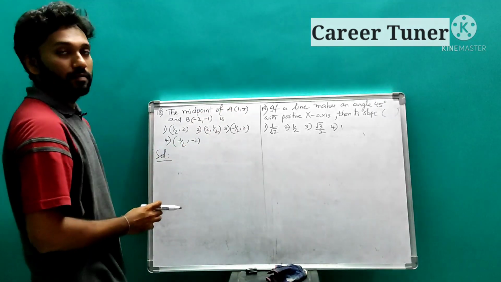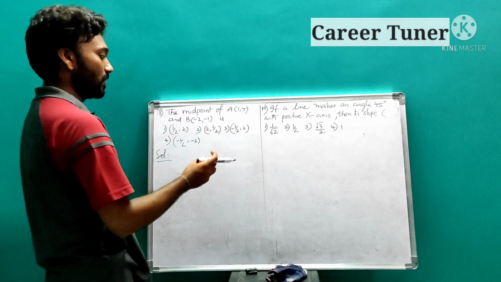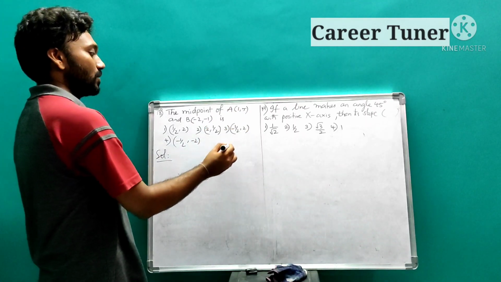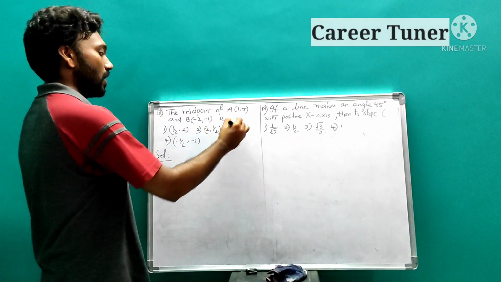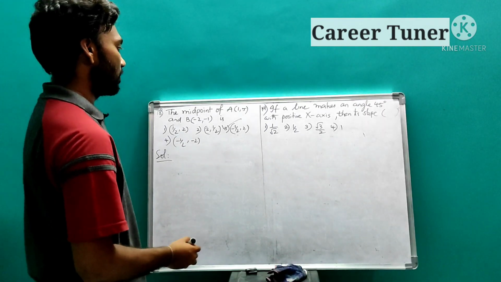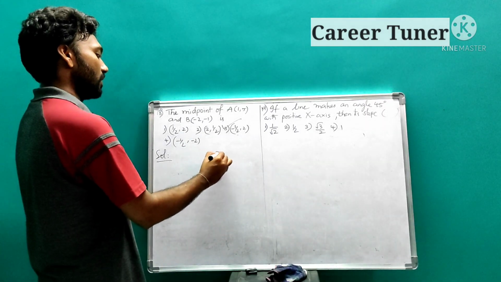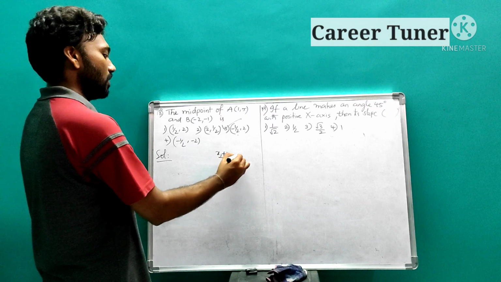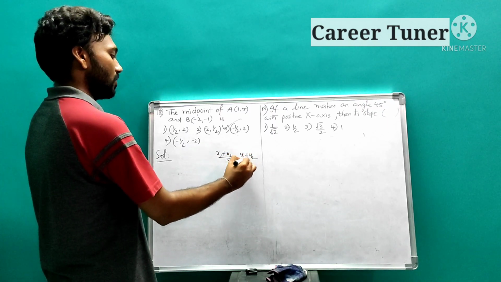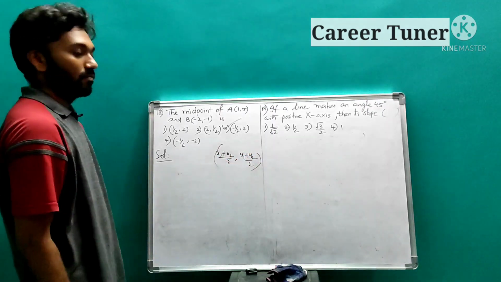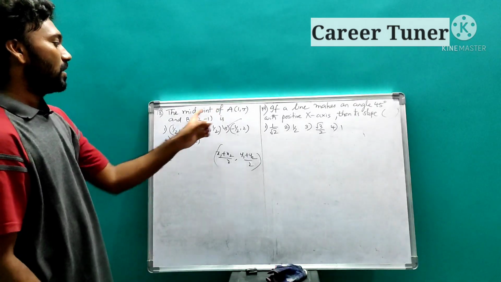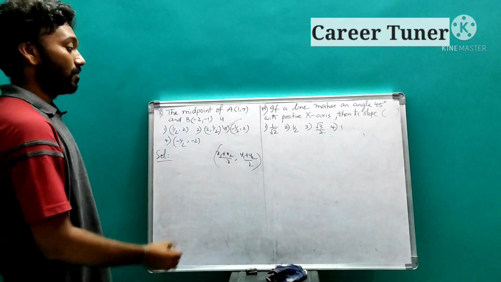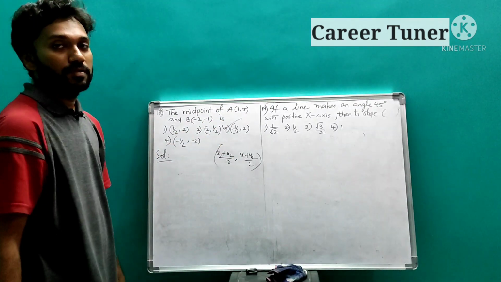So 5 minus 1, how much? 4. 4 by 2 is nothing but 2. So the y coordinate is 2 and the x coordinate is minus 1 by 2. So the third one is our option. Do remember the formula, x1 plus x2 by 2 comma y1 plus y2 by 2. This should be noted. In the competitive exam, by looking at the problem itself you need to solve. You should not always write and do all the steps.